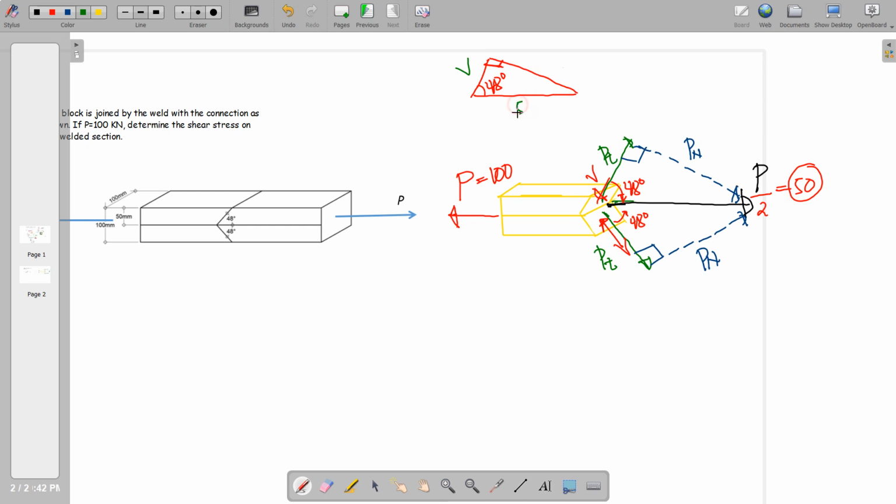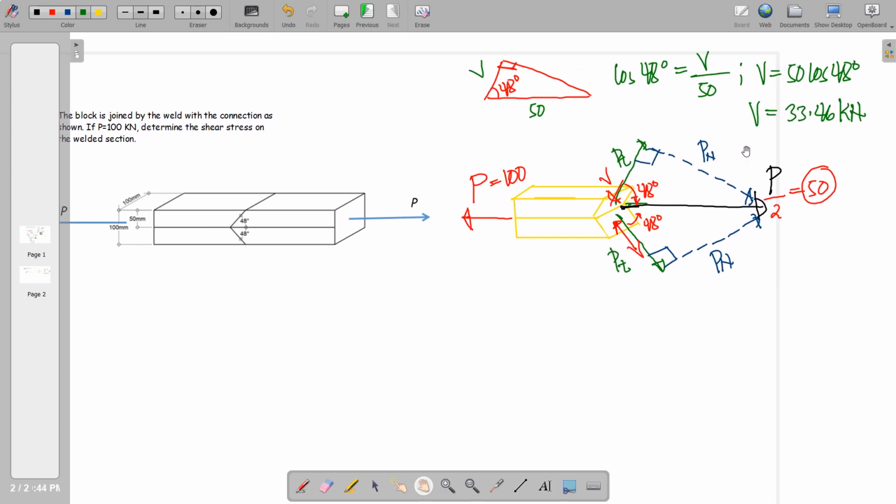And this is 50, by function of cosine 48. Adjacent to your 48 is V all over 50. Therefore, V here is 50 cosine of 48 degrees. Thus, this is equal to 33.46 kilonewton.